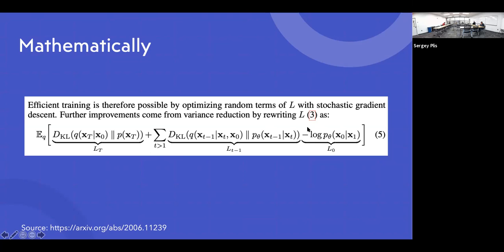And we have the final term, which is the prediction of x0 given our second to last step. So it's like before we encode the original data again. That's L0, which is going to be the log likelihood instead of the KL divergence, to make it similar to other generative models. So now you can calculate the negative log likelihood of your data distribution using that last term.